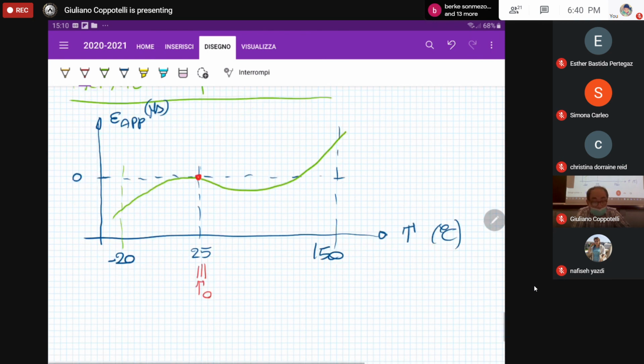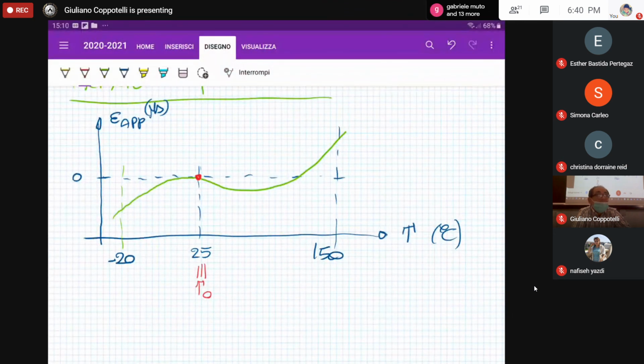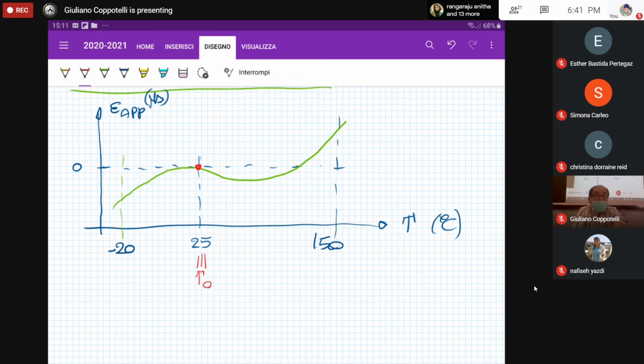So what you have to do in order to use this chart that is available from the strain gauge manufacturers is that you have to take note of the operating temperature. Once you got this information, you enter this chart with the actual readings of temperature, and then you know the information of the thermal induced strain, that is the apparent strain.